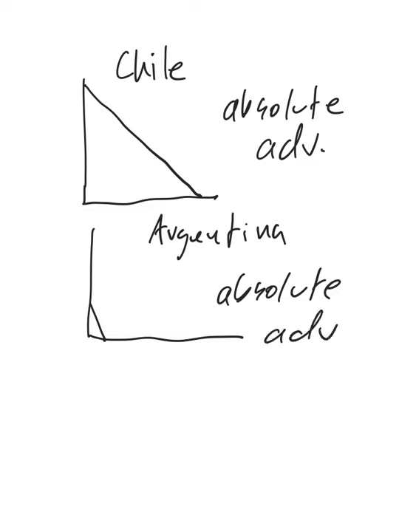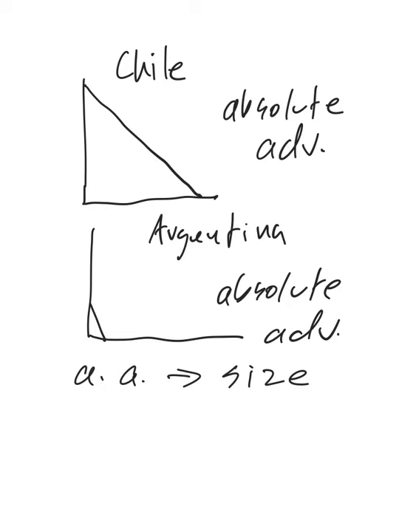So to summarize, absolute advantage, AA, is more about the size of a country. Is your production possibility frontier way out to the right or way inward? That gives you the total amount that either country can produce. So in this case, Chile would have absolute advantage in both goods.